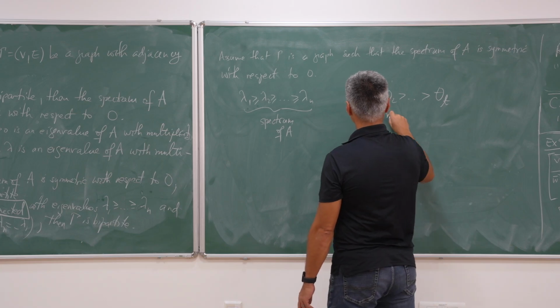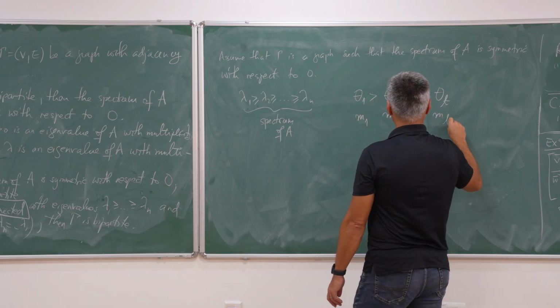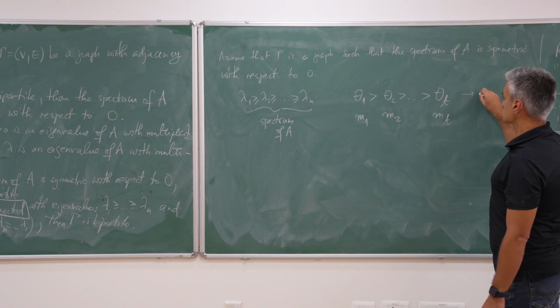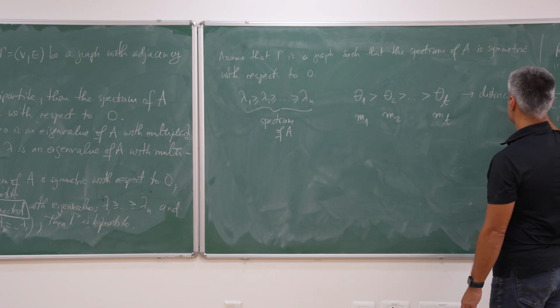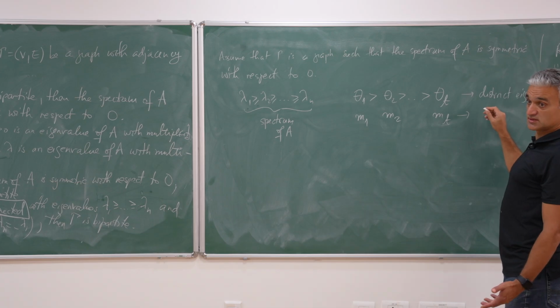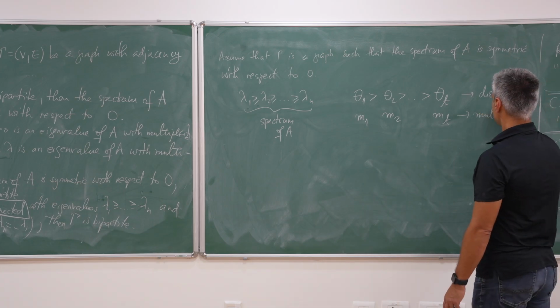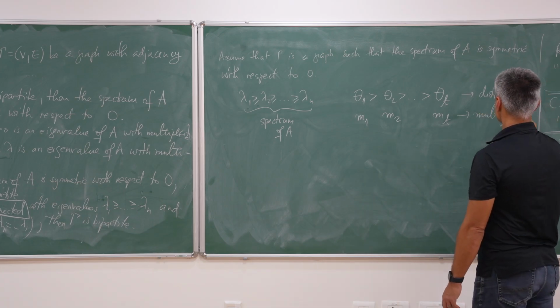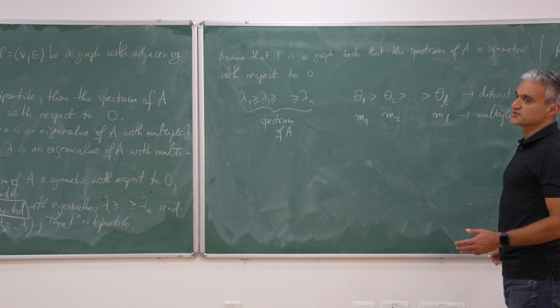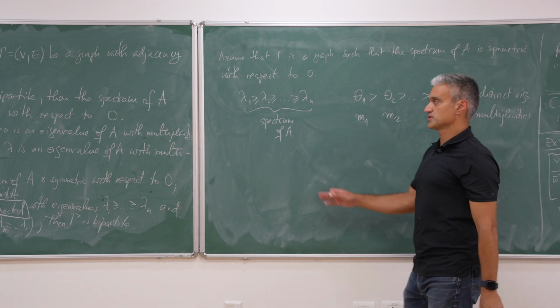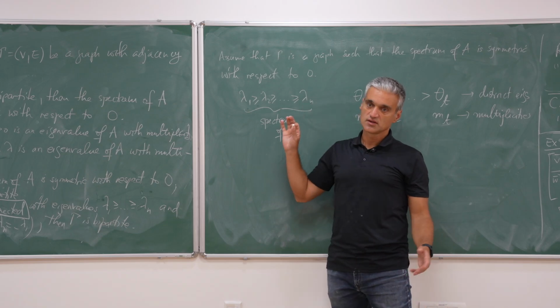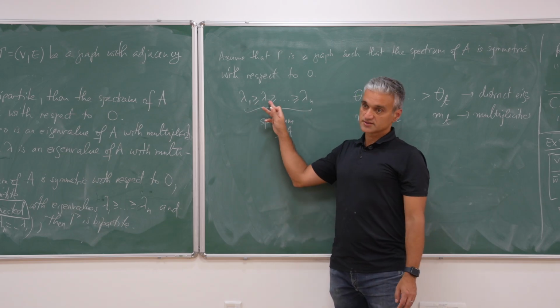These will be the distinct eigenvalues, and each of them comes with its multiplicity. It's just a different notation: if I want to refer to distinct eigenvalues, I'll use the thetas; if I want to refer to the whole spectrum, including repeated eigenvalues, I'll use lambda.